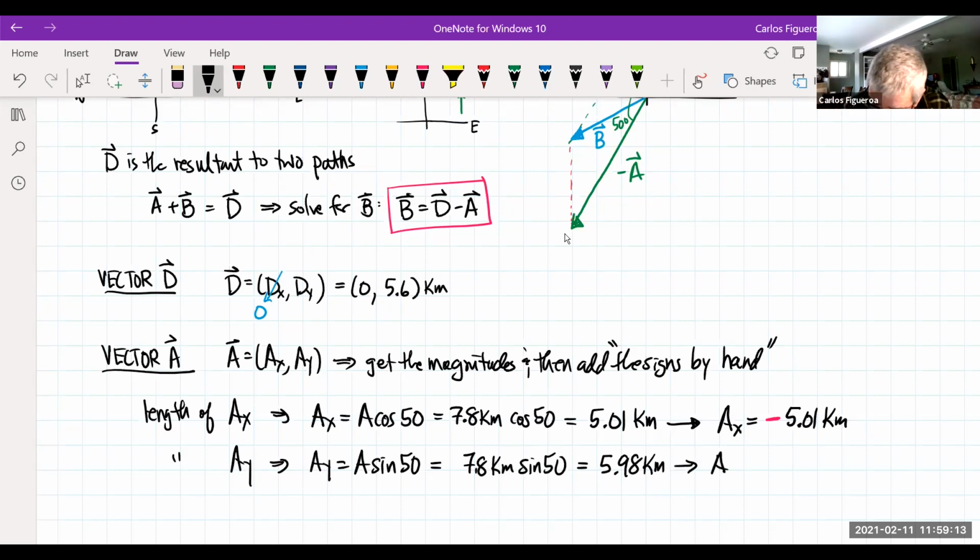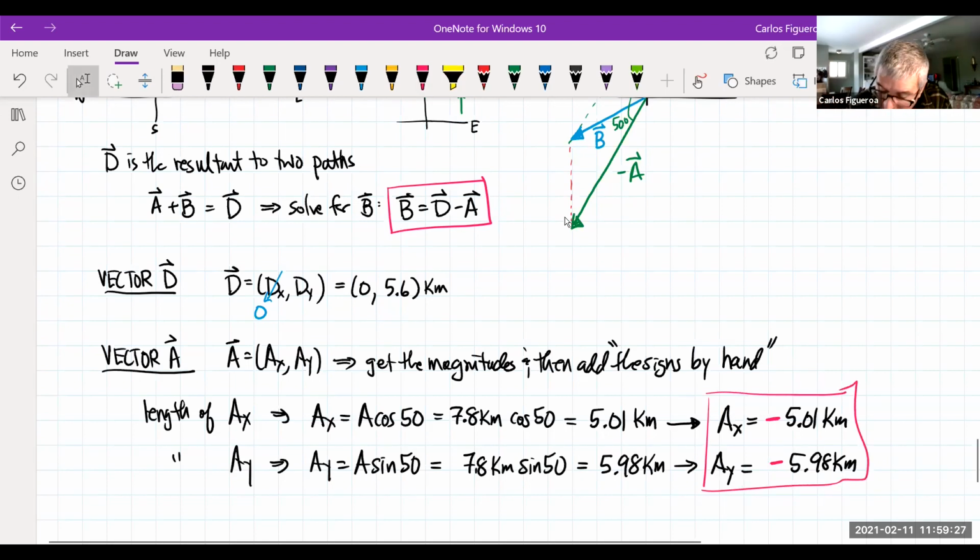So the sign tells me I have that magnitude, but because it's in the third quadrant, I'm going to put my sign in here. So now I have my negative AY. Now my job here is to add negative vector AX, AY to the components of D here. So let's go look at that.